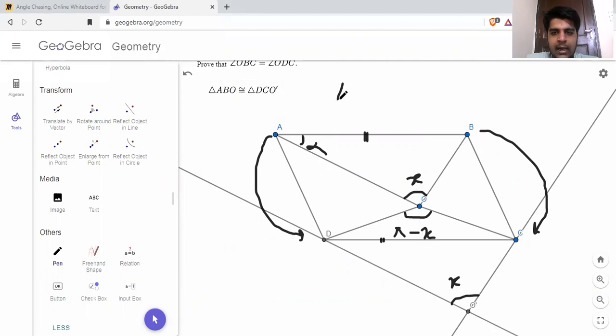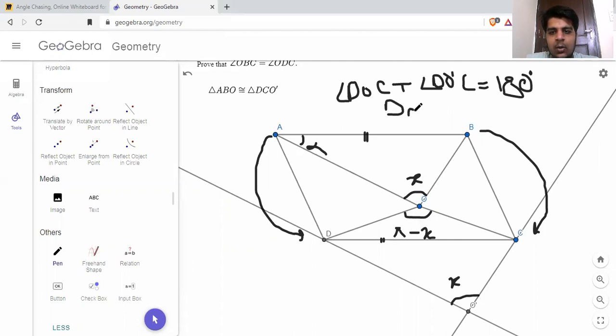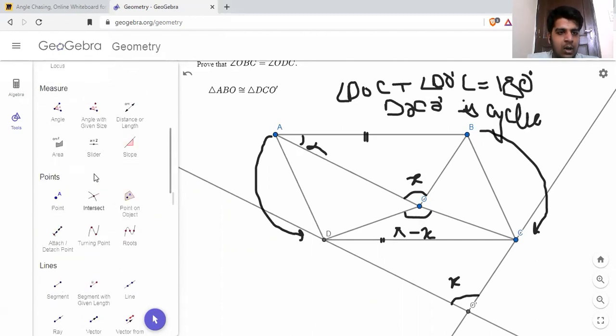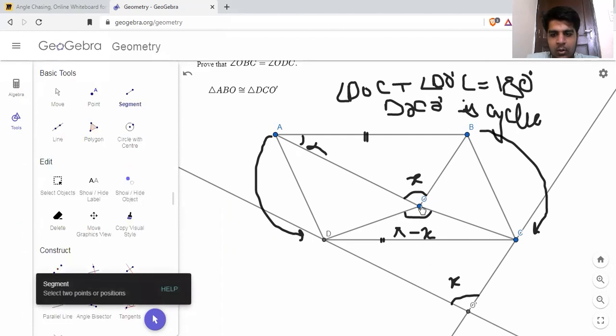Now, notice that angle DOC plus angle DO dash C is 180 degrees, which means DOCO dash is cyclic, right? So now we join OO dash.